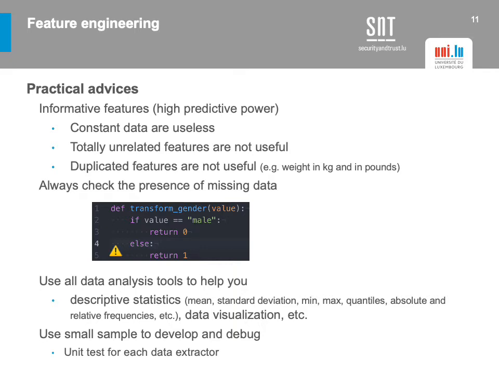But also think of checking, once you compute it with all the data, that everything is correct, because maybe there are specific missing values or specific values that you didn't have in your small sample of data.